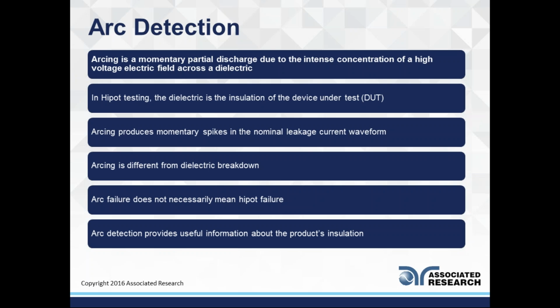So in Hipot testing, the dielectric is the insulation of the device under test. Arcing produces momentary spikes in this nominal leakage current waveform. We'll have some graphs on the next slide to explain this. Arcing is different from dielectric breakdown.